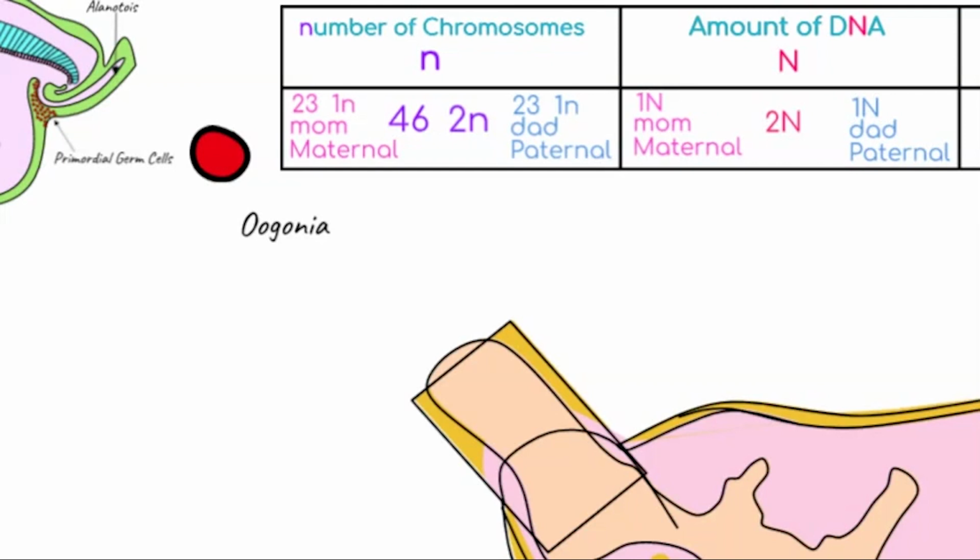Right now they're just dividing and dividing to give you a bunch of cells that eventually are going to become your sex cells. So we're still at the point where mitosis is taking place and just increasing the number of these cells. Again, the number of chromosomes, the N designation, and the diploid or haploid all still is the same, 2N, 2N, diploid.